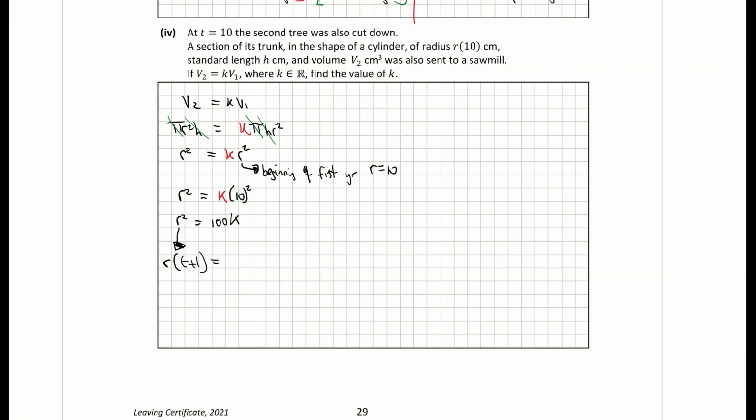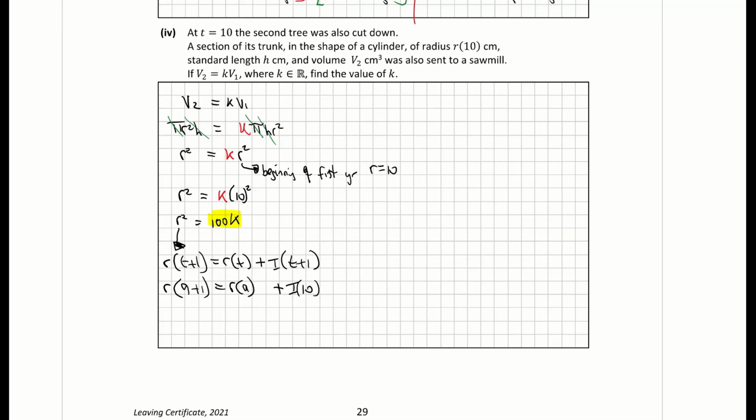Now we're looking for time 10, so instead of calling it t plus 1, it's 9 plus 1, which is 10, and that's equal to r to the 9 plus i to the 10. Now I still haven't forgotten my 100k, I'll come back to that in a couple of minutes. All I'm trying to do here is break out the radius of this tree.